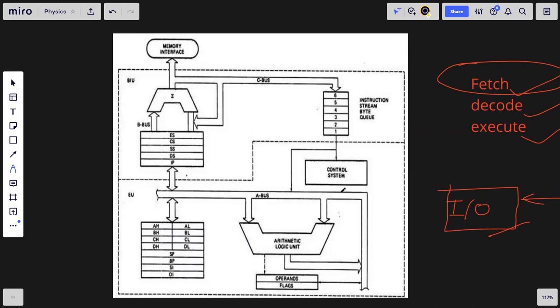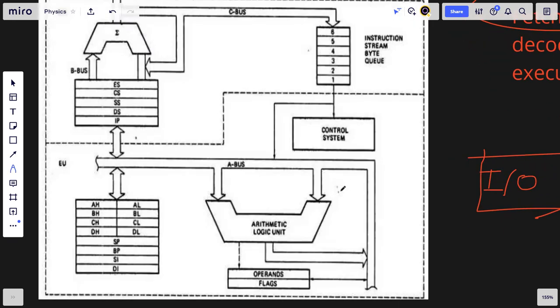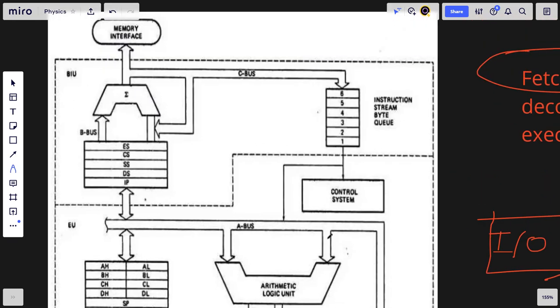This is a picture of internal architecture of 8086 microprocessor. Pretty complex. We will break down each part and I hope you will understand it easily. So there are two major parts in this internal architecture. One is BIU, or bus interface unit.